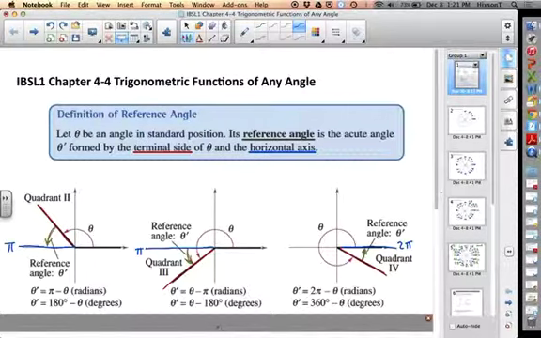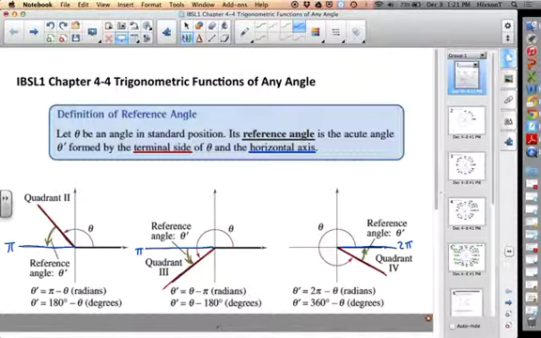So think. This one's a little short. It's above pi, so I'm going to have to take pi and subtract whatever this angle is to figure out that little reference angle. Or you could think of it in terms of how much further I need to go to get to pi.